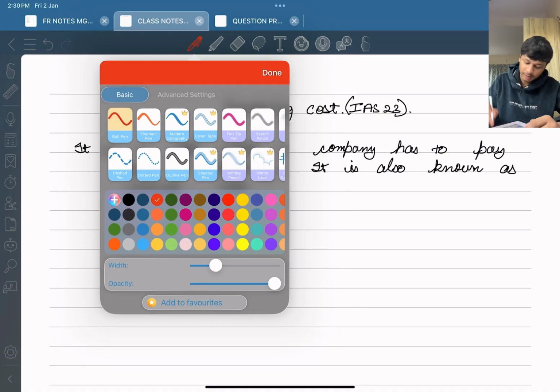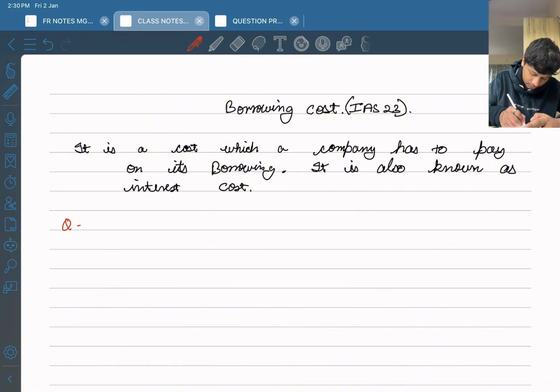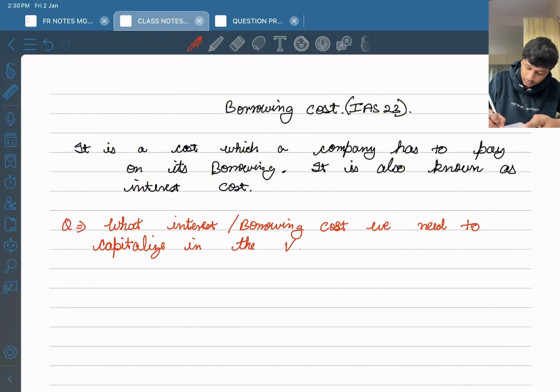Now coming to the main part. What we have to know in this chapter is what interest/borrowing cost we need to capitalize in the value of asset.